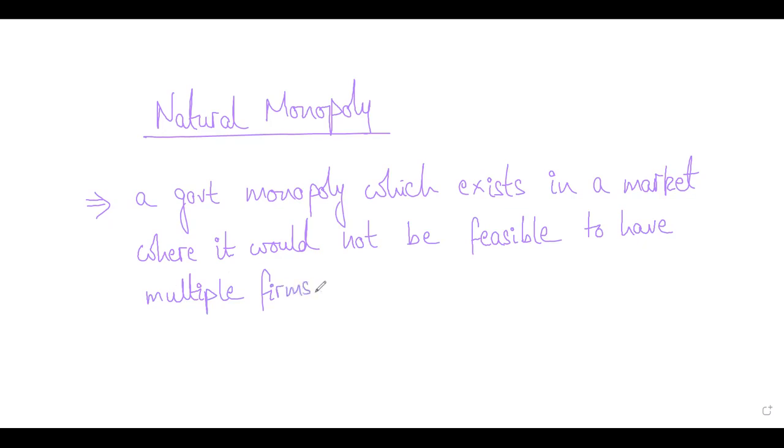Now, the idea is plain and simple. Think of government-owned monopolies in Pakistan, PIA, Pakistan Railway, or WAPDA. In the case of Pakistan Railway, you need to have the entire railway tracks, and those tracks are not easy to build. They're very expensive.